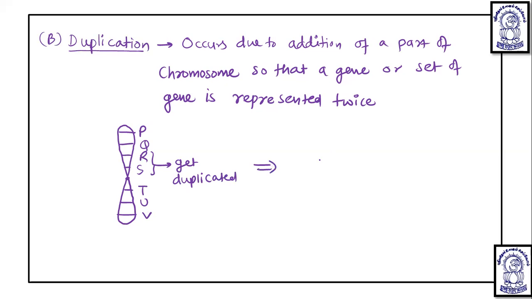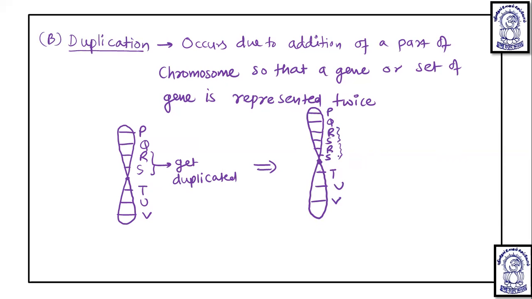So now the chromosome will look like this, having P, Q, R, S, R, S, then T, U, V remain as is. So here you can see this RS and this RS are duplicated twice. So it is known as duplication.